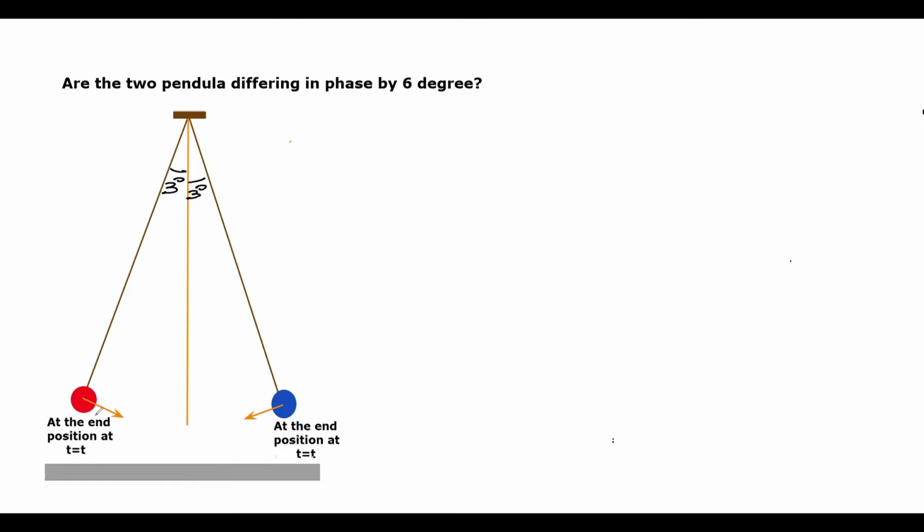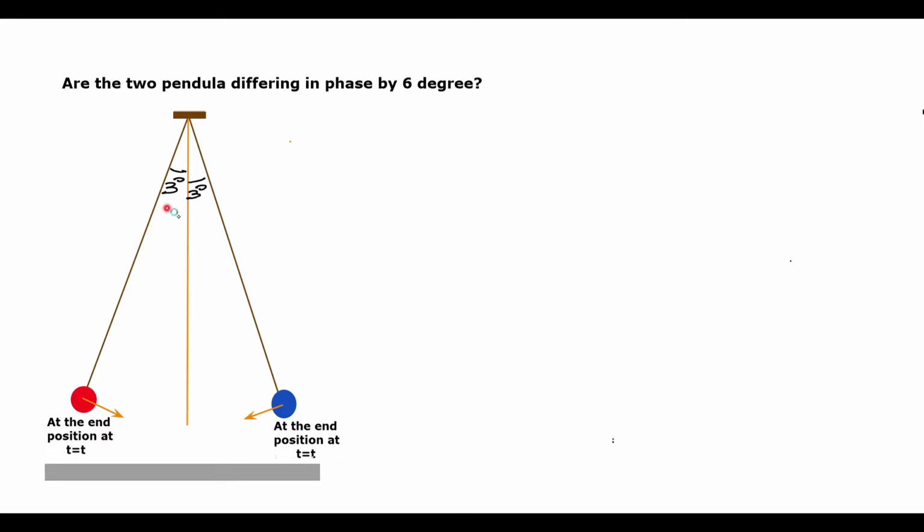At an instant when one bob is at one end position, the other bob is at the opposite end position, and these two bobs are crossing one another by going in opposite directions while passing through the mean position. We'll have to find the phase difference between these two oscillations.